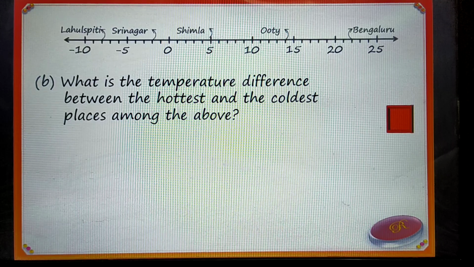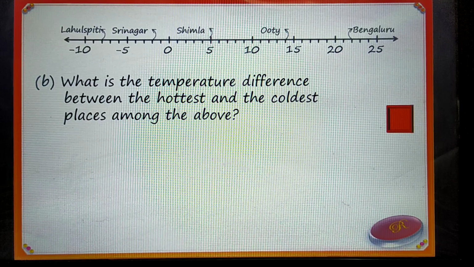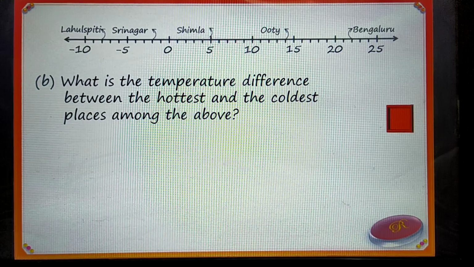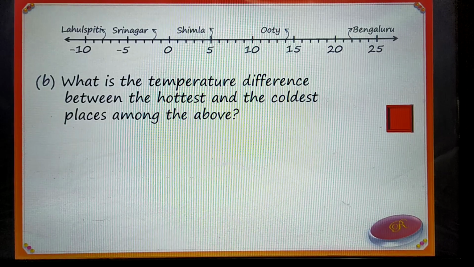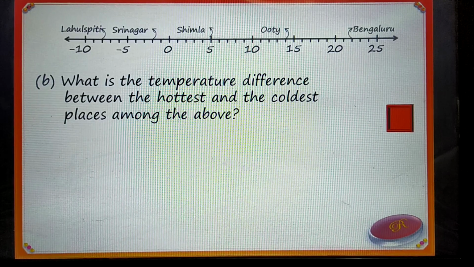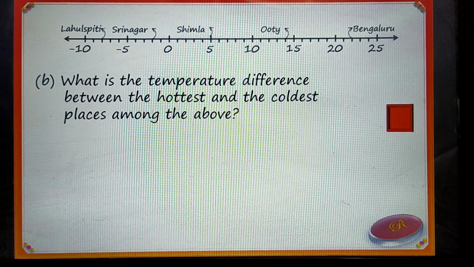Statement B. What is the temperature difference between the hottest and the coldest places among the above? Solution.